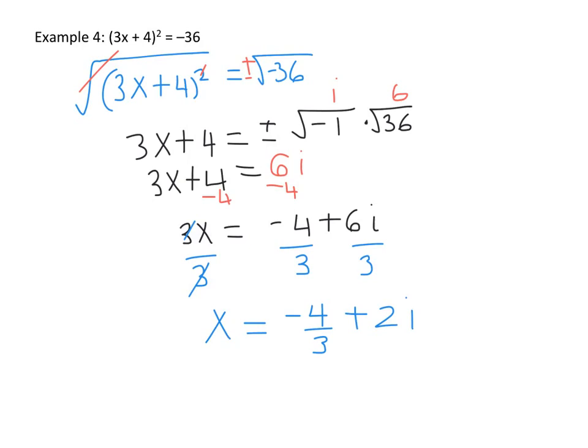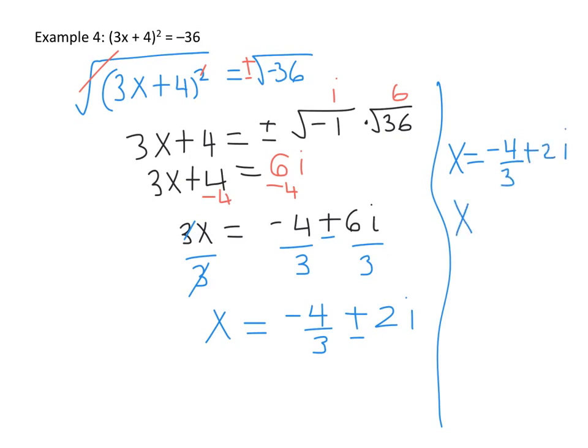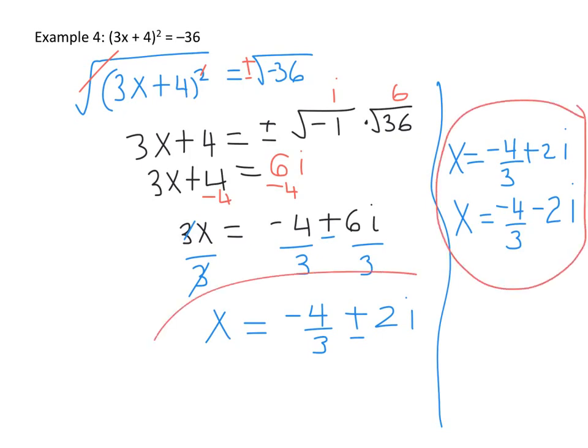Oh, I forgot the plus or minus. So this is plus or minus 2i. And remember I could separate this one. So x is equal to minus 4 over 3 plus 2i, and the other one is x is equal to minus 4 thirds minus 2i. And those are the possible solutions, although you can still write it like that.